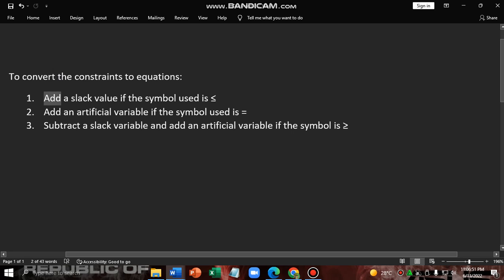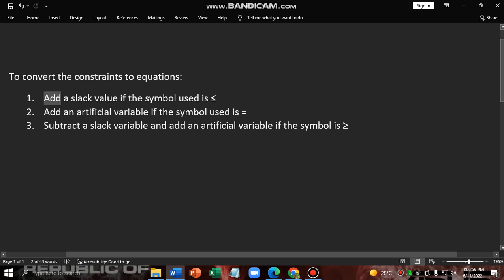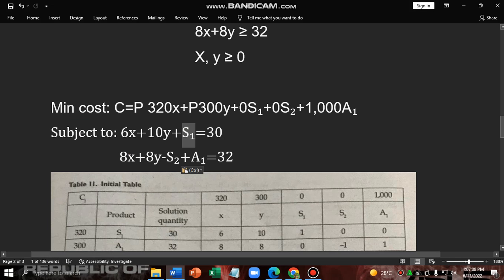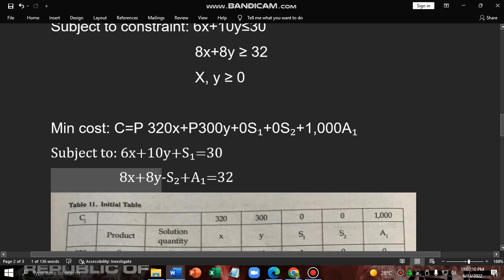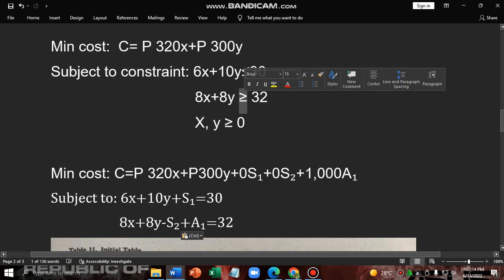Next, add an artificial variable if the symbol used is equals. Third, subtract a slack variable and add an artificial variable if the symbol is greater than or equal to. So here we have 8X plus 8Y is greater than or equal to 32.